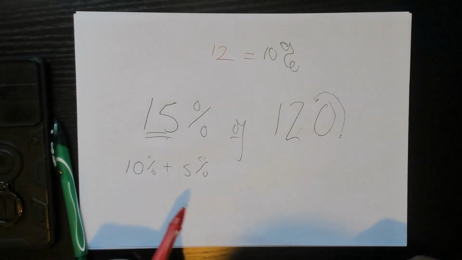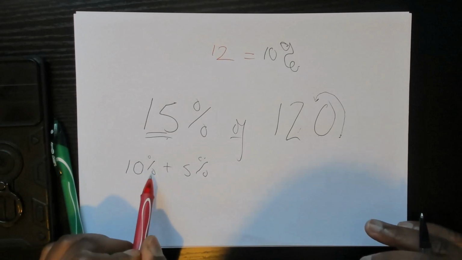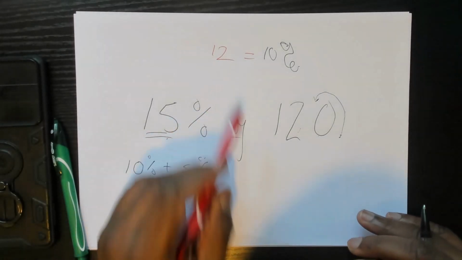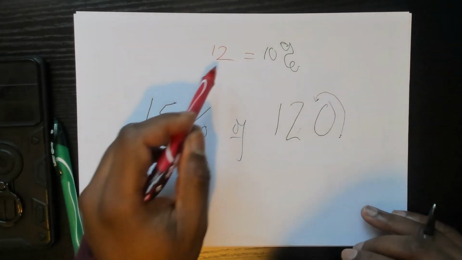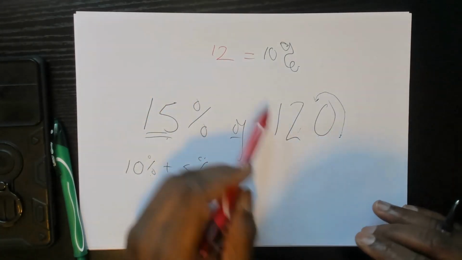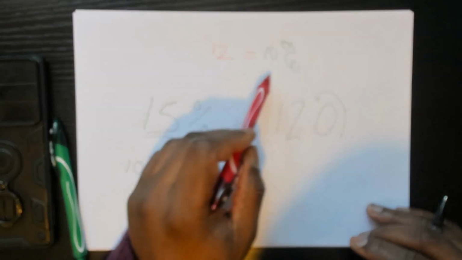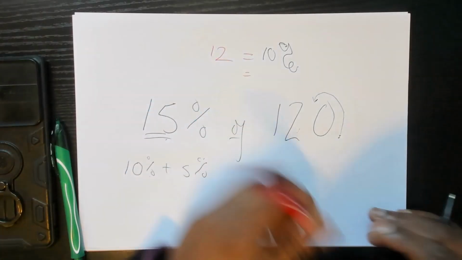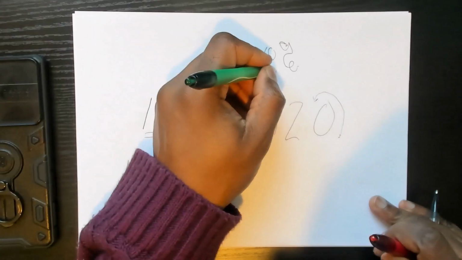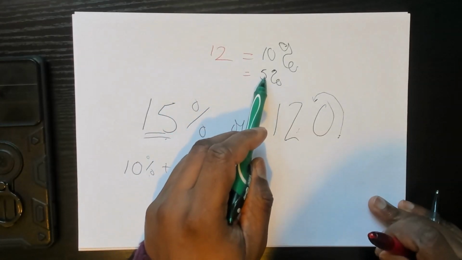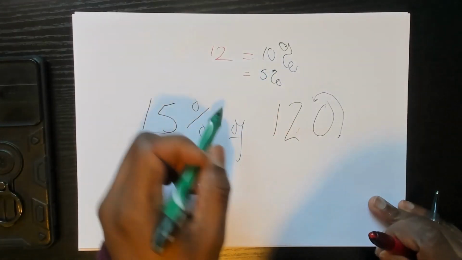Your next step is to get 5%. Now, if we already know 10%, then 5% is only going to be half, isn't it? So half of 12 would give us 5%, because 5% is half of 10%.